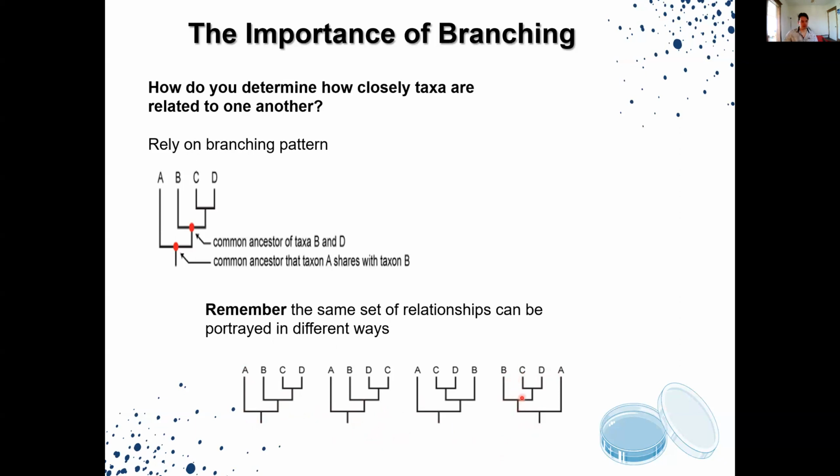It's what your branching pattern says, because you read a phylogenetic tree by looking at its branching patterns. I can't stress that enough. If you don't understand these misconceptions, I'd definitely advise you to read up more on it because it is really, really important. But yes, all these trees say the same thing because the branching patterns are the same.